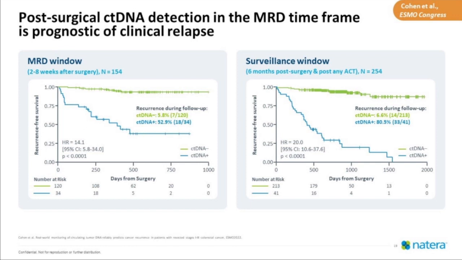Following that first MRD window is the surveillance window, which is anytime 6 months post-surgery and post any adjuvant chemotherapy, typically every 3 months, detecting potential recurrences during follow-up.